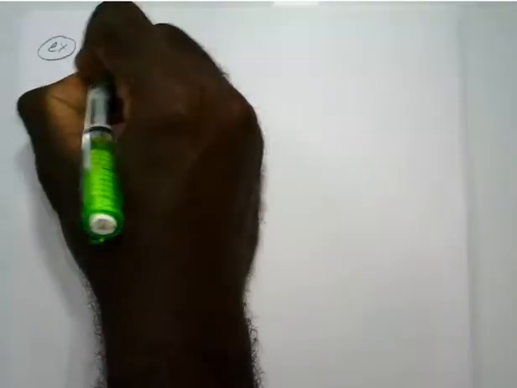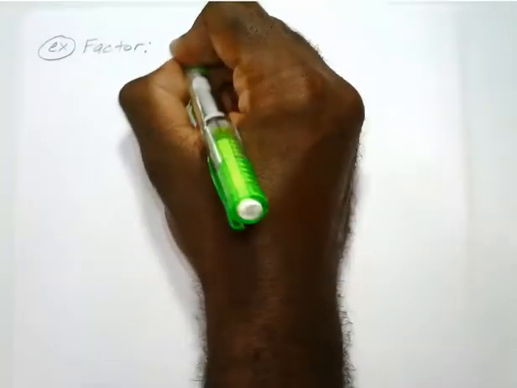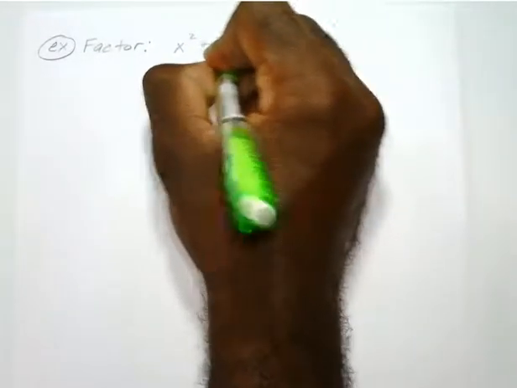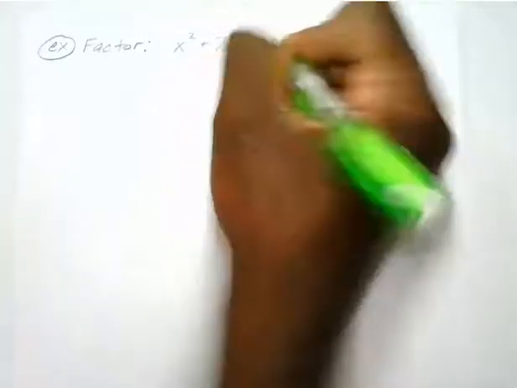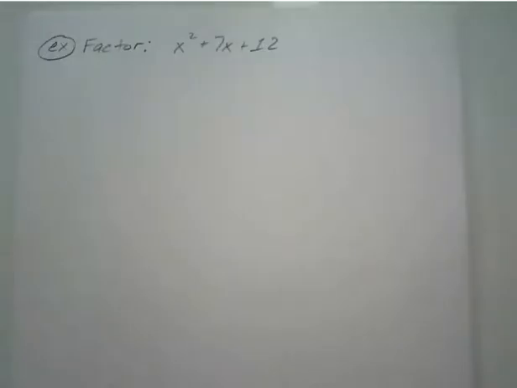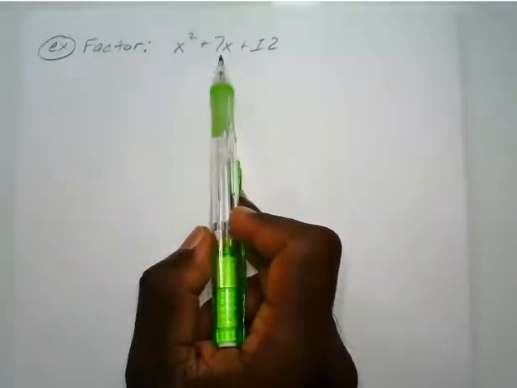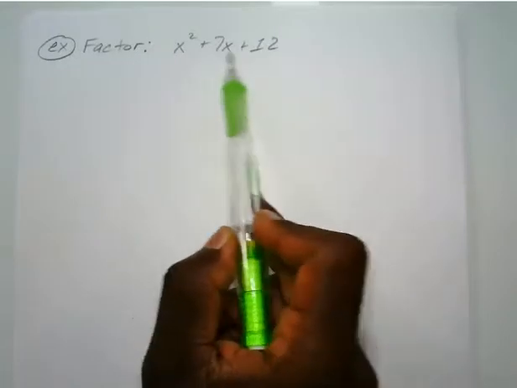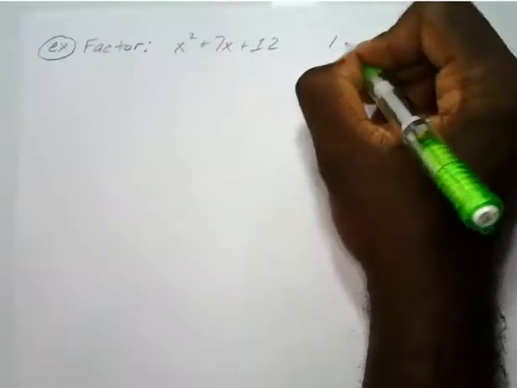Let's say, for example, we wanted to factor x squared plus 7x plus 12. This is the form x squared plus bx plus c, where your b and c are just values.